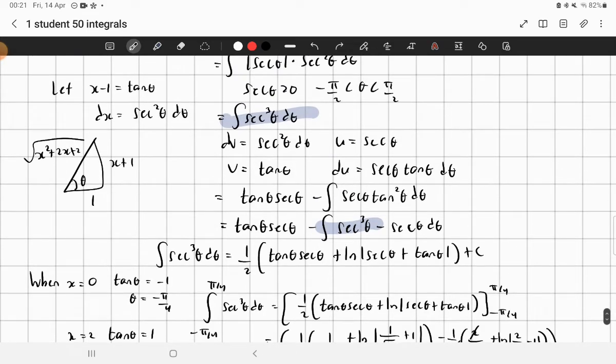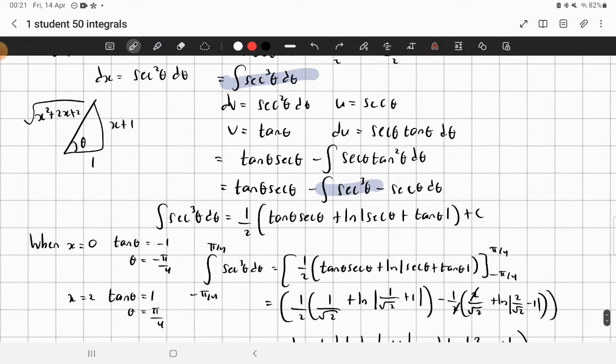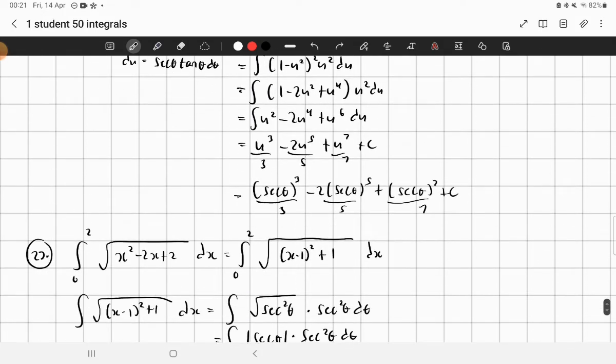Okay, let me check a bit. So, secant cubed. Right. If it's wrong means that I'm wrong from the get-go. What? Oh yeah, I'm correct for secant cubed theta. So, okay, square root of x squared minus 2x.